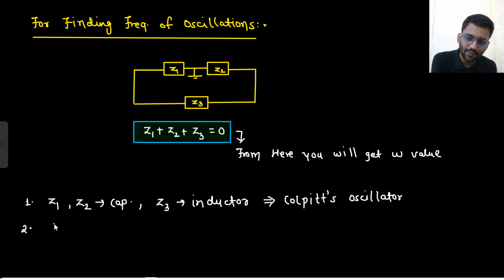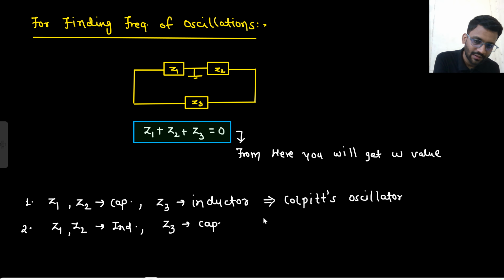And if your Z1 and Z2 are inductors and Z3 is a capacitor, then it is known as a Hartley oscillator.